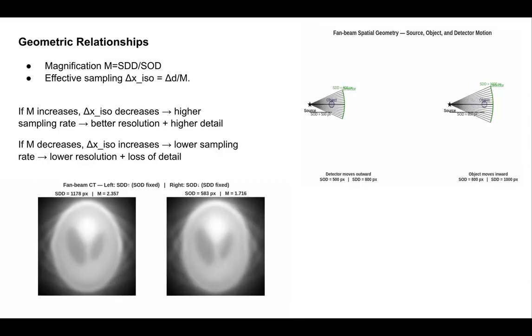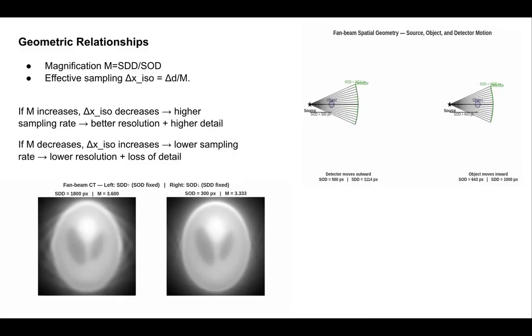In our simulations, we can observe how magnification governs both resolution and blur. Increasing SDD, source to detector distance, or decreasing SOD, source to object distance, improves central sampling but amplifies peripheral blur. The bottom image shows increasing SDD or decreasing SOD both raise magnification M, making structures appear larger and changing image sharpness and artifact patterns, as shown in these fan beam CT reconstructions.